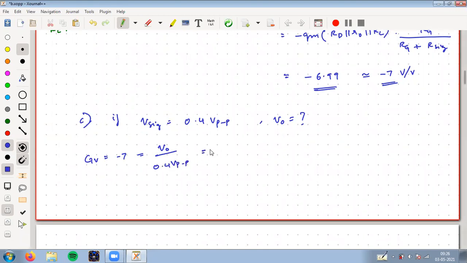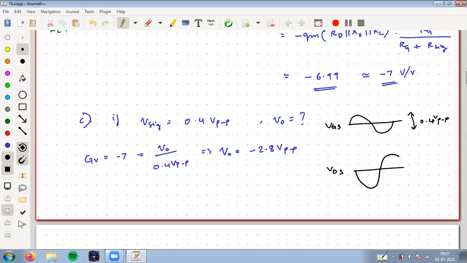From this, V0 is minus 2.8 volts. So if I draw the diagram, this is VGS, my input, which is 0.4 volts peak to peak, and my VDS will be like this, and this will be 2.8 volts.